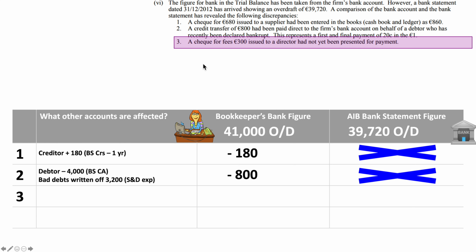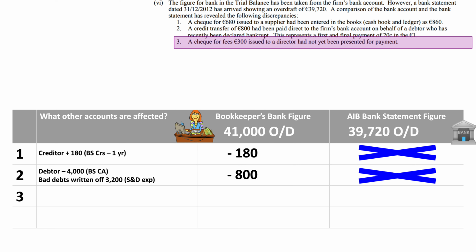Number 3, a cheque for fees €300 issued to a director had not yet been presented for payment. The bookkeeper has sent the cheque, so she doesn't need to enter it into her accounts again, she's already done it.